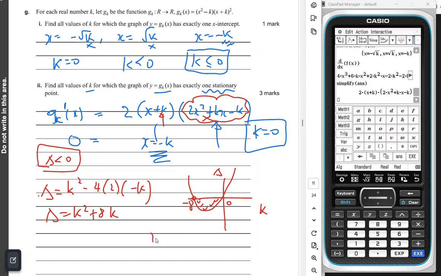So k between negative 8 and 0 will give a negative discriminant. Therefore, x equals 0 is the only stationary point, but I want to include k equals 0. So I've got the answer of k is an element of negative 8, not included, to 0, included, as being my answer to G part 2.